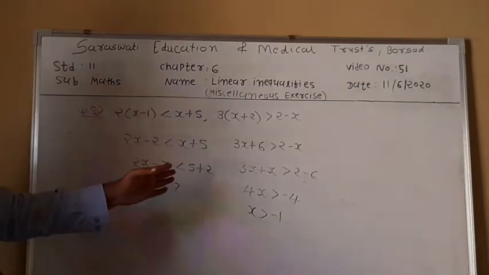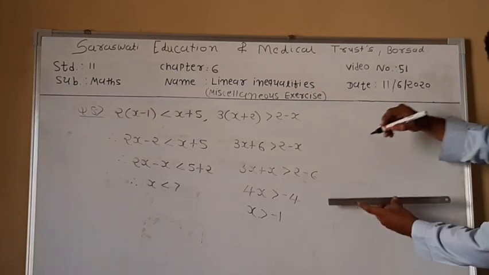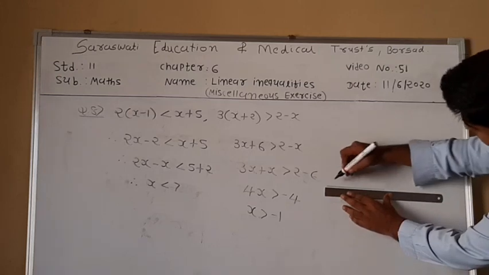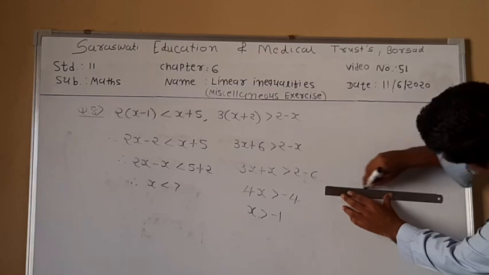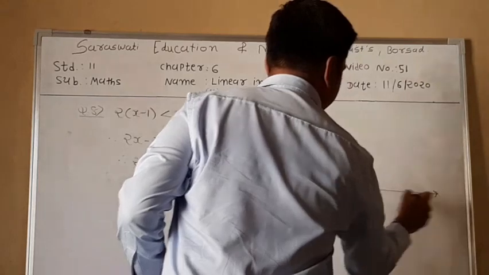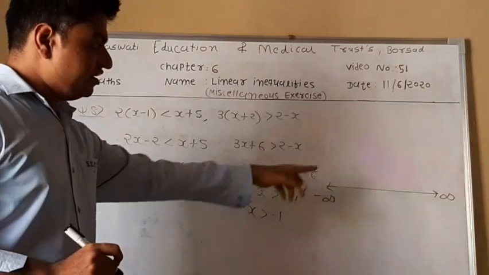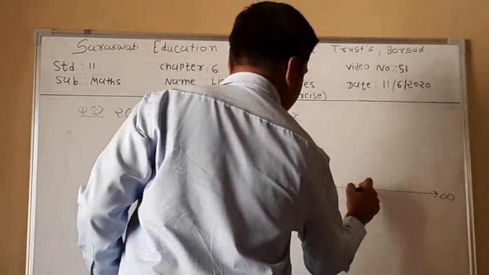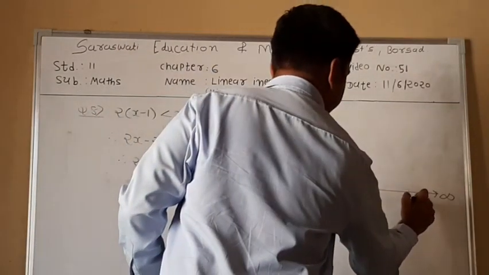Now how can this be represented on the number line? Again the same method applies. Here write minus infinity and here infinity. Now minus 1 is written here, and the position of 7 is written here.